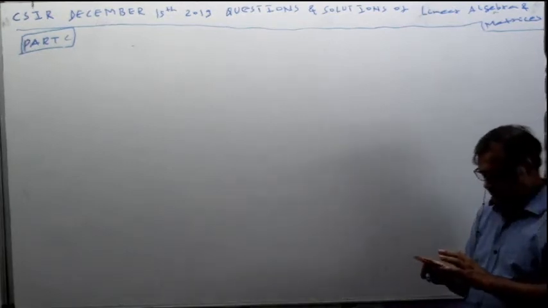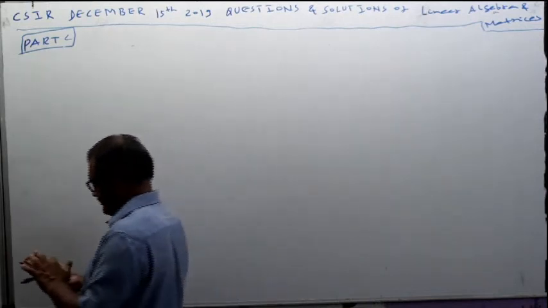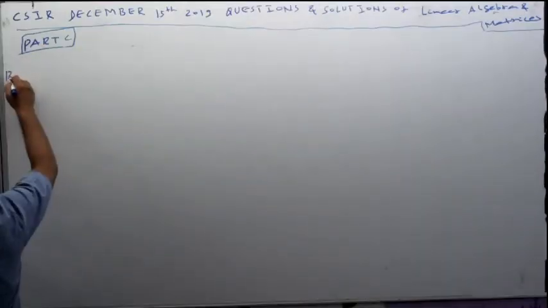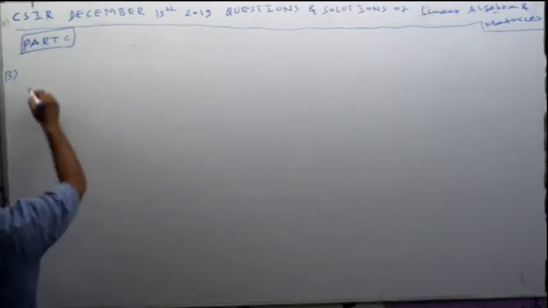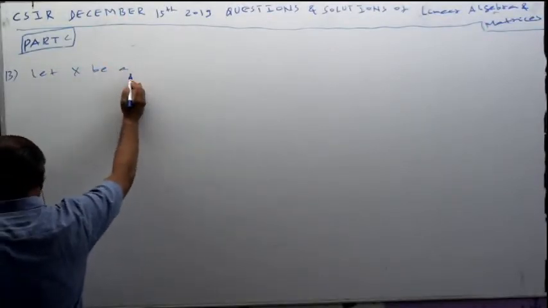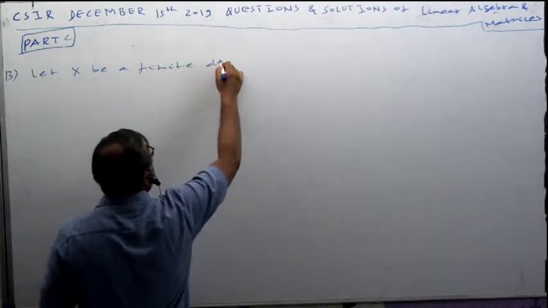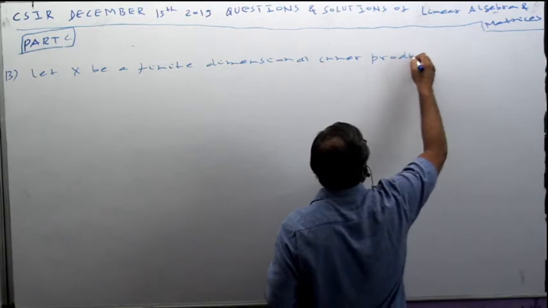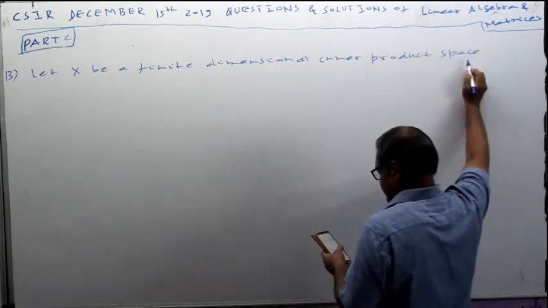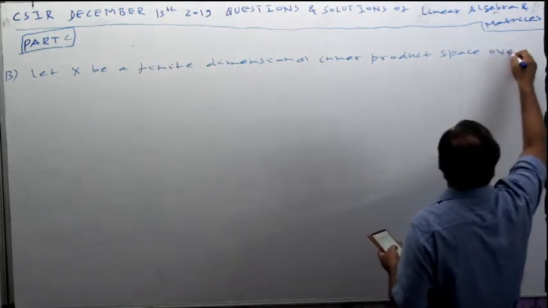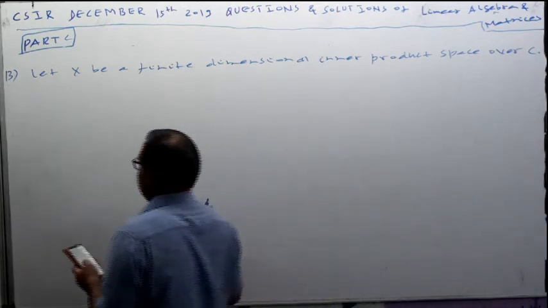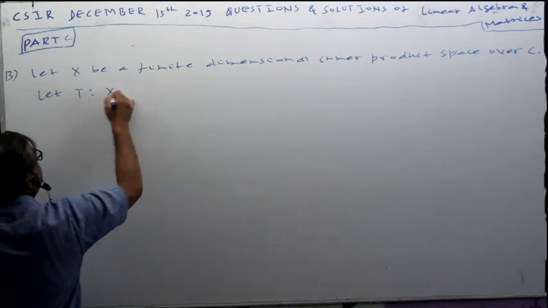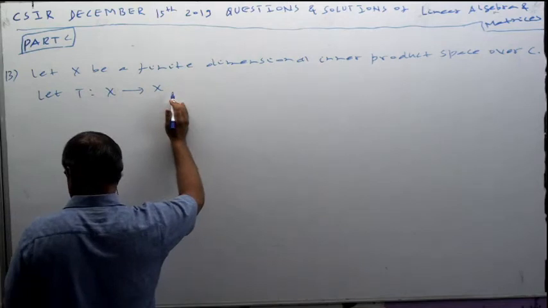Next question is question number 30. Let X be a finite dimensional inner product space over C. Let T from X to X be any linear transformation.